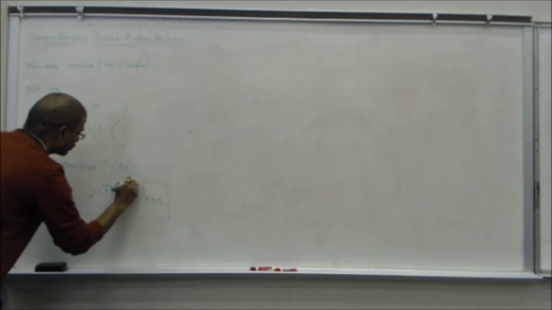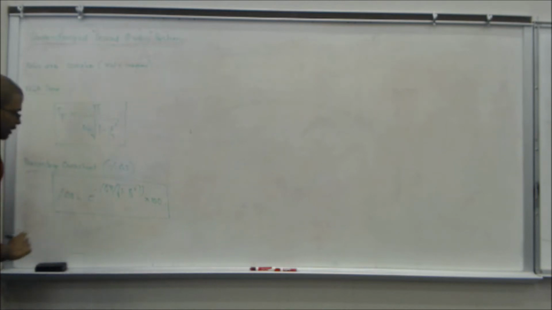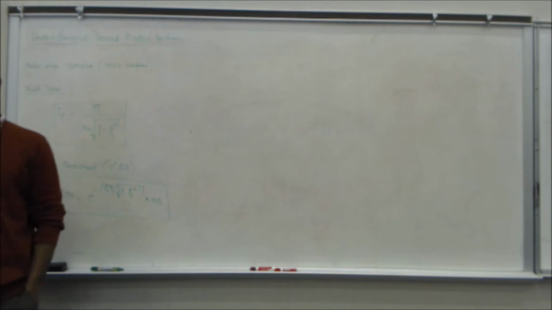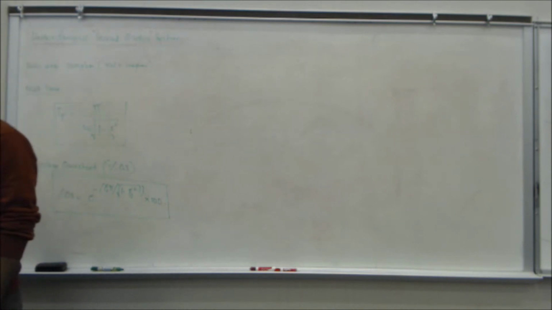So percentage overshoot is essentially, this is the final response, right? Do you see the final response? The final response is this line, this one. It is essentially where the input is.